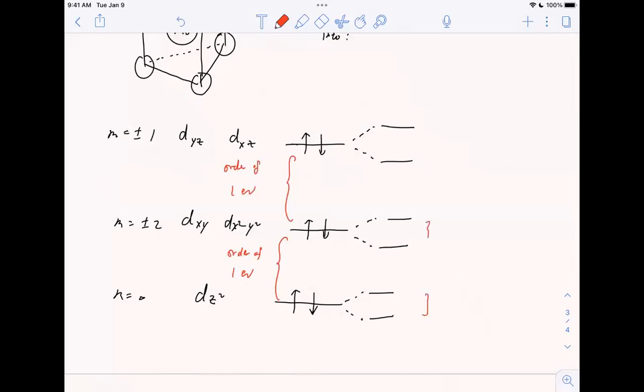And this one is on the order of tens or 100 milli eV. I'm not going to differentiate them. Of course, it depends. This one has 0. This is almost 0. Let me not split it then. It's 0. Okay.